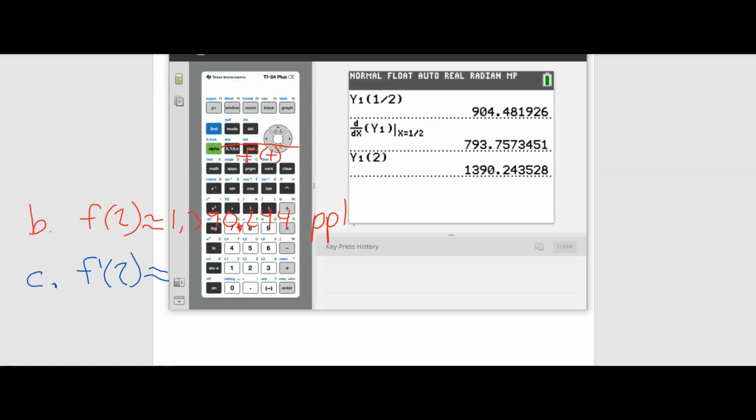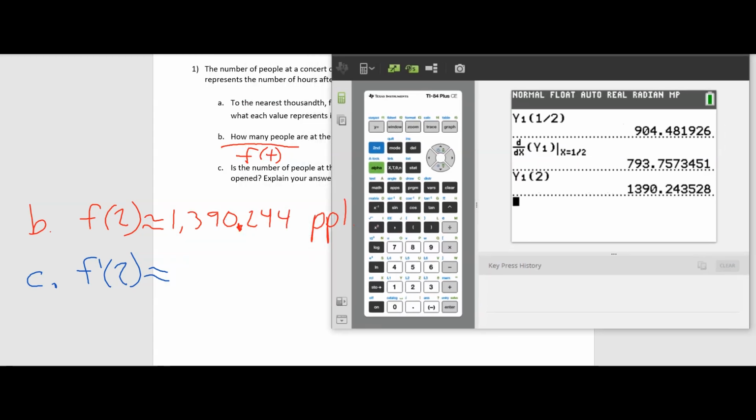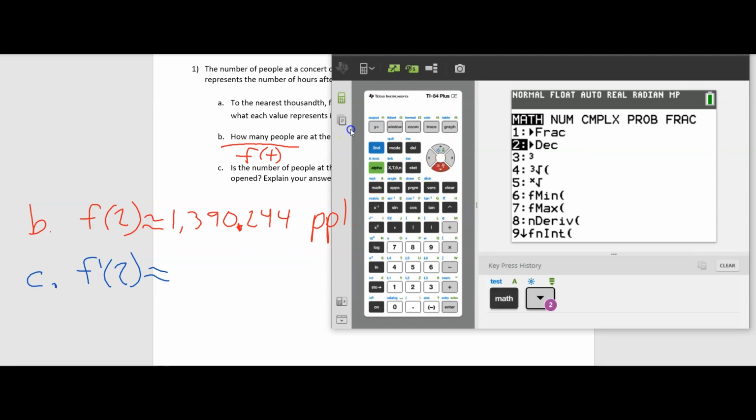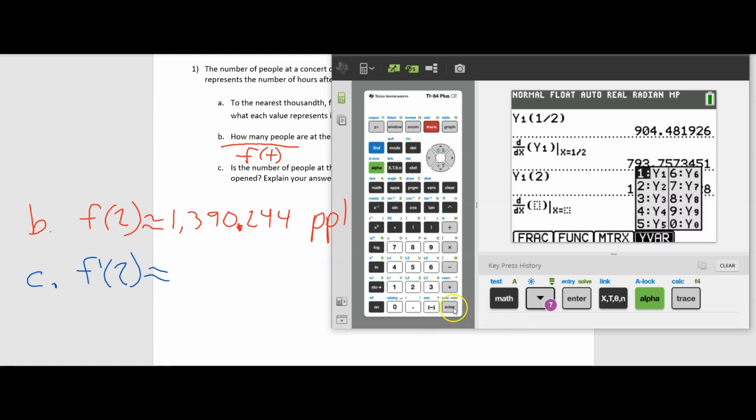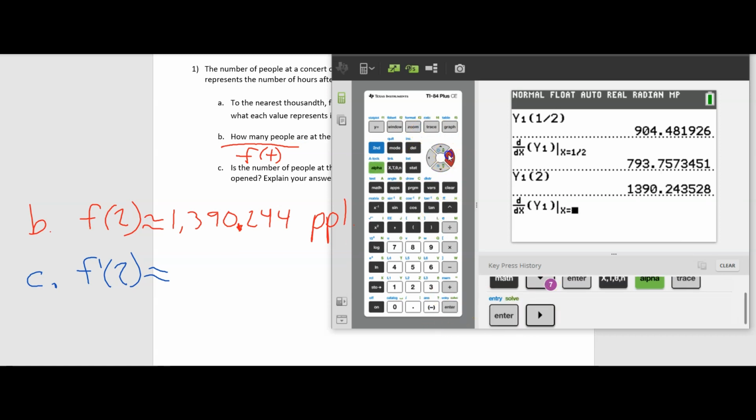So final time back to our calculator. Let me move this over here. We're going to be taking another derivative, so we're going to math, option 8. Taking the derivative with respect to x, we are going to alpha trace to enter our function because that is in y1.